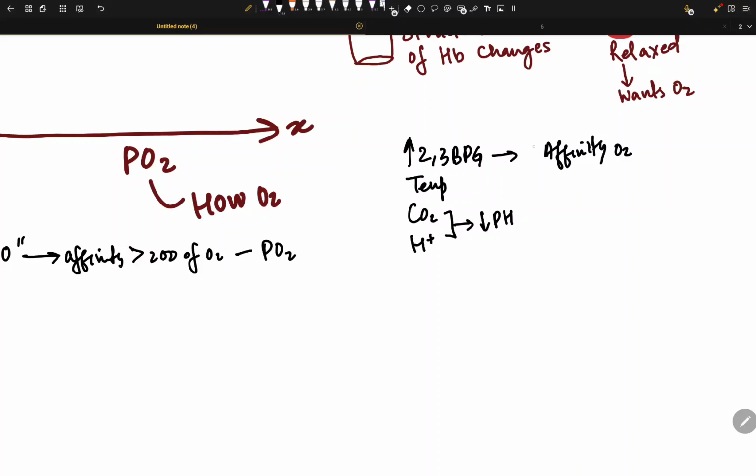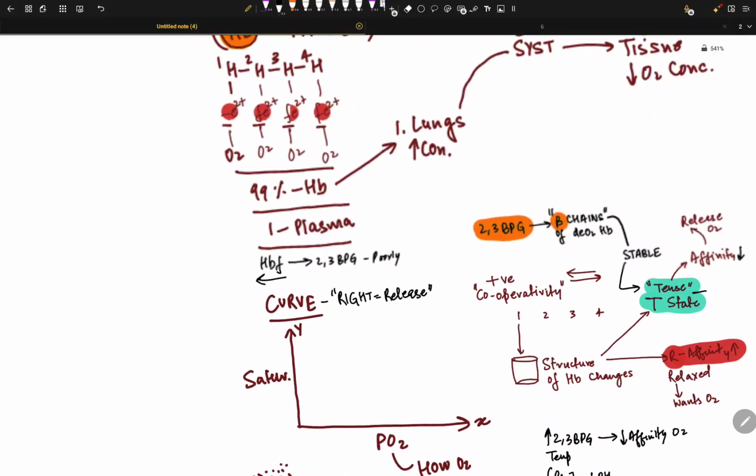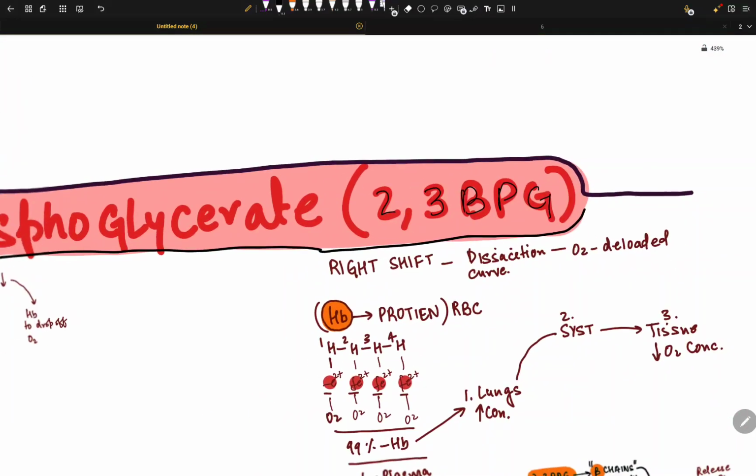Once your blood is acidic, you'll have less affinity for O2. Instead of picking up 4 O2, you're going to maybe pick up 3 or even 2 or even 1. So that's how you actually get hypoxia in terms of metabolic acidosis. So that's it. This is the title of the video, how 2,3-BPG actually works.